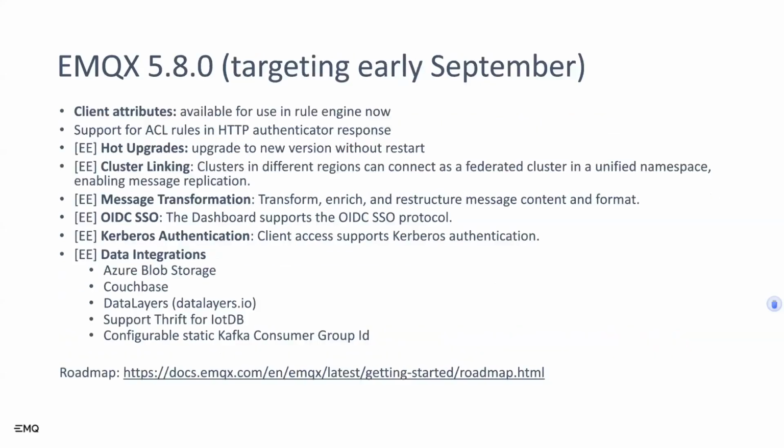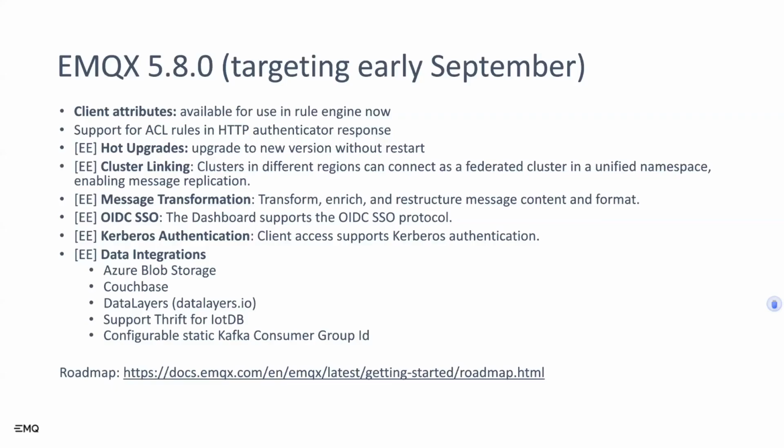In early September, we plan to release version 5.8, which brings even more interesting features, rather complex. So first one is client attributes. Client attributes are properties that you could set up for a client connection, like MQTT properties.